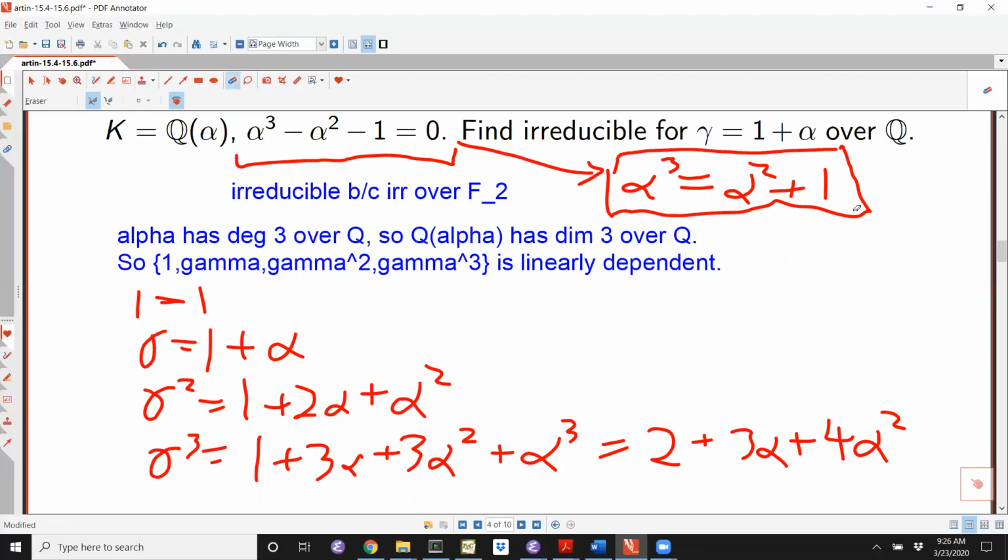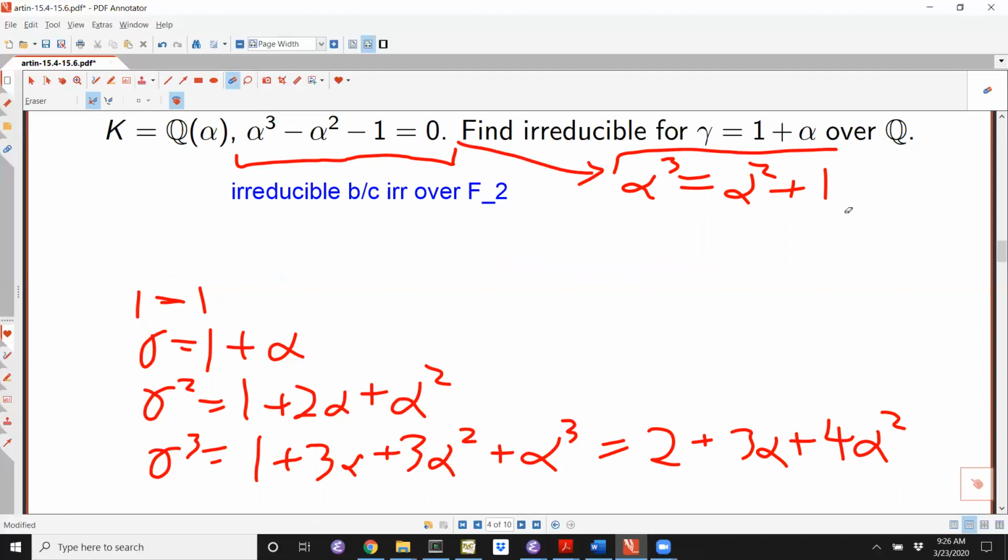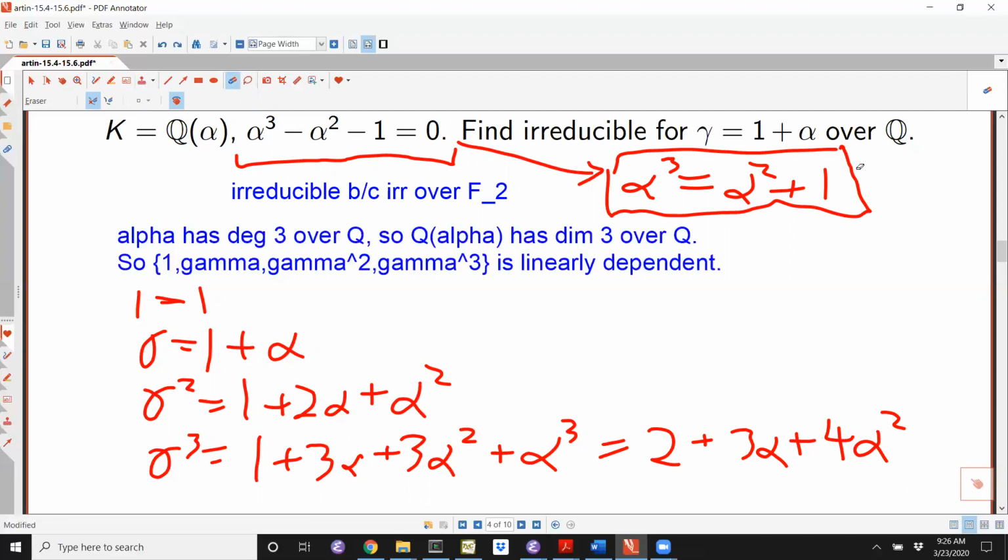Okay, so as we'll see in this section on finite fields, when you have the irreducible polynomial of some element alpha, the way you compute with alpha is you take the top term and rewrite it in terms of lower degree terms, by putting everything else on the other side.